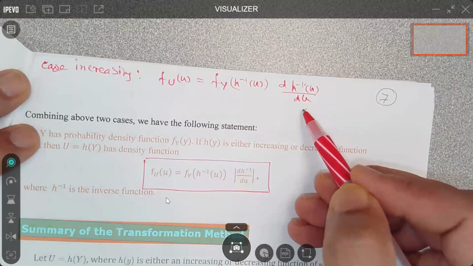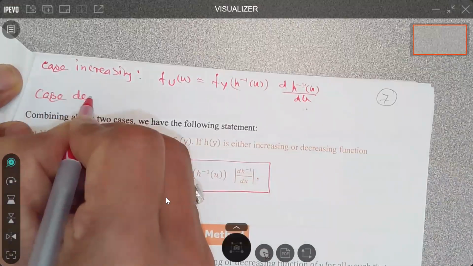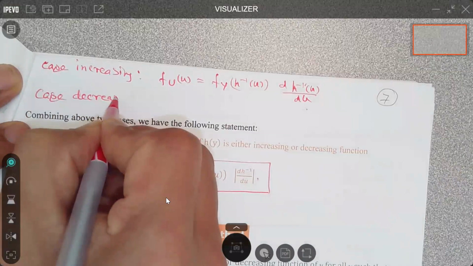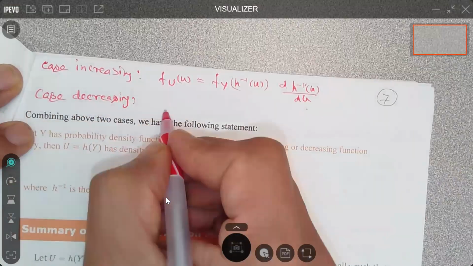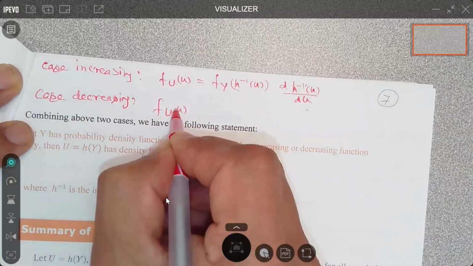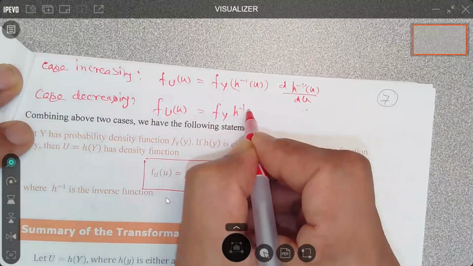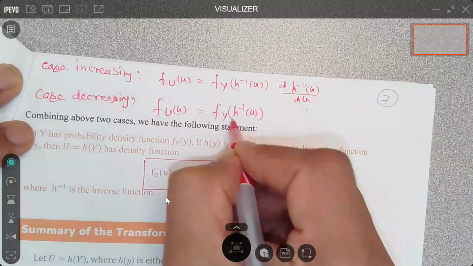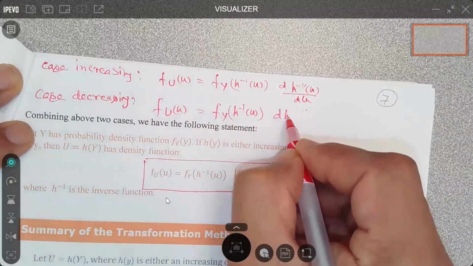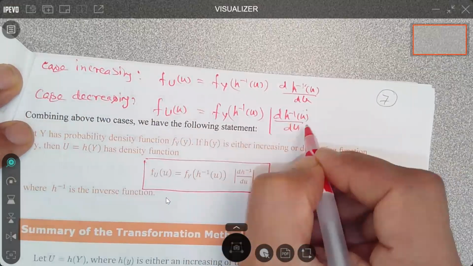In the decreasing case, f_U(u) equals f_Y(h inverse of u) times d h inverse of u by du, but you need the absolute value here.